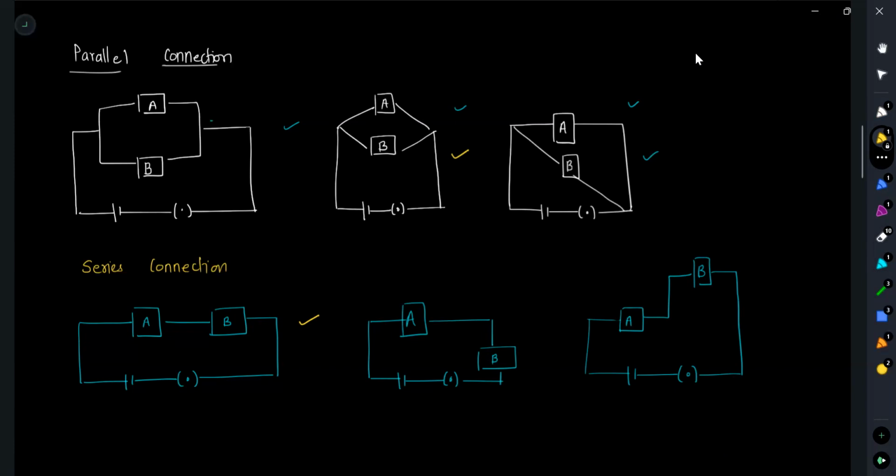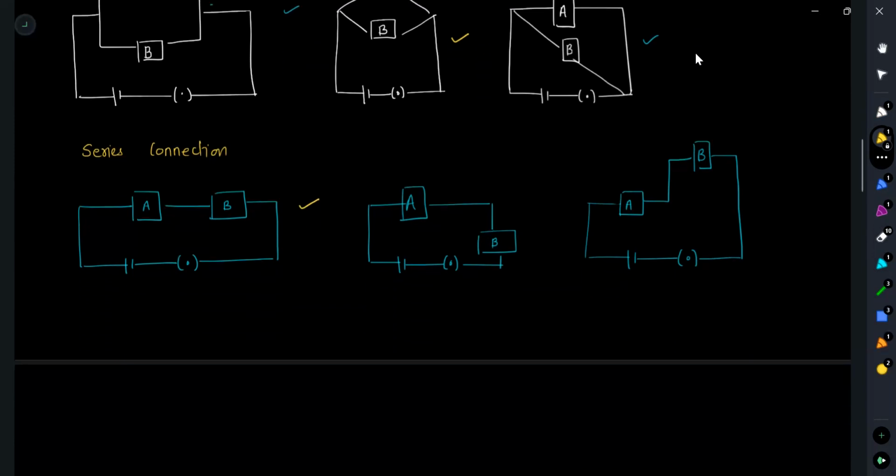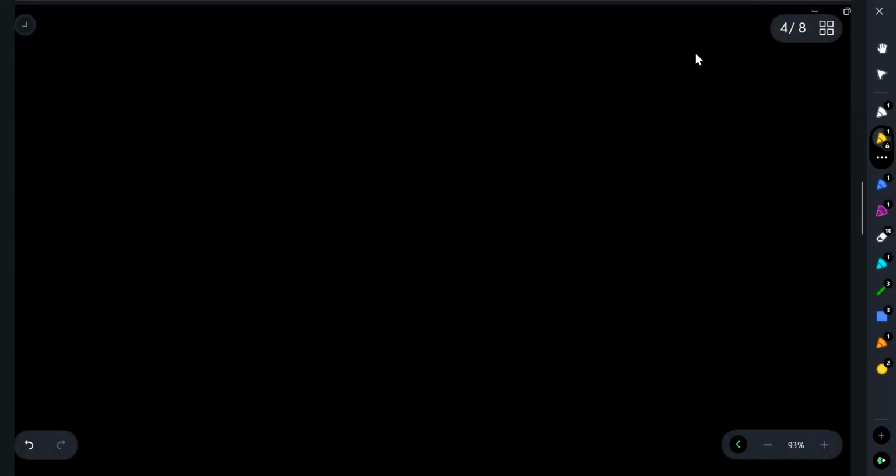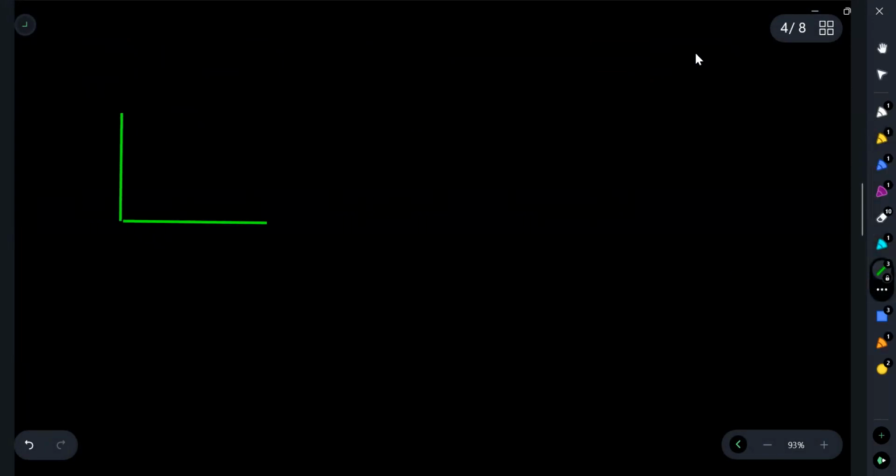Okay. Let's try to make a circuit diagram on our own. Let's try to make a circuit diagram comprising a bulb and everything that we have currently studied. So let's say we have a battery, a switch, then a few resistors in parallel, and then a few resistors.